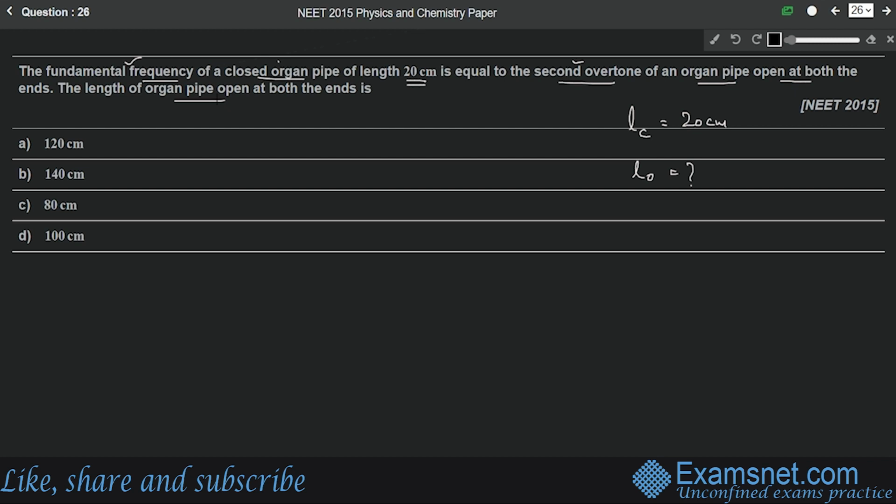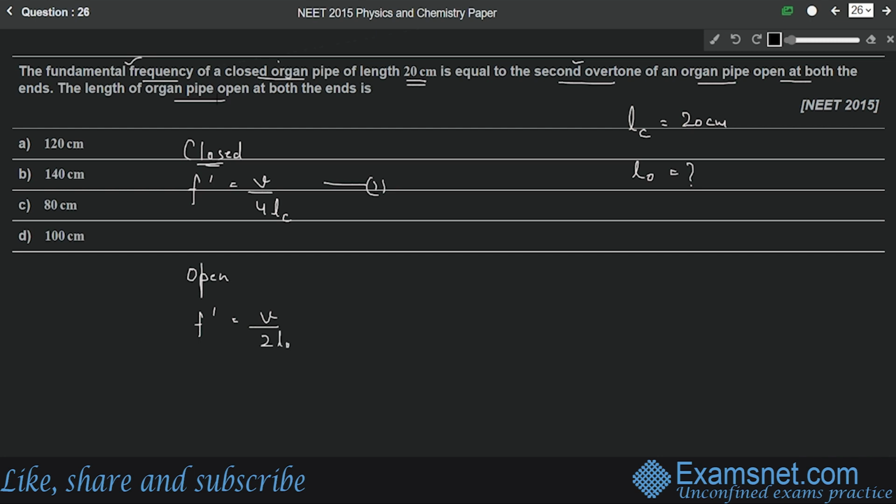the open organ pipe. For the closed organ pipe, we know that the fundamental frequency is equal to V by 4L, and this L is the length of the closed organ pipe, so LC. And for the open organ pipe, what is the fundamental frequency? This is equal to V by 2L open.